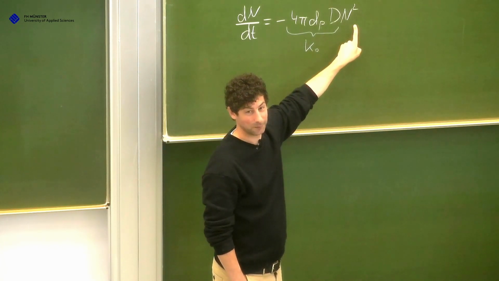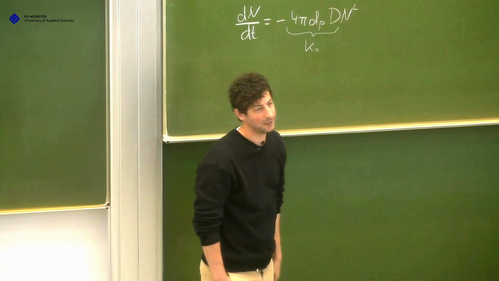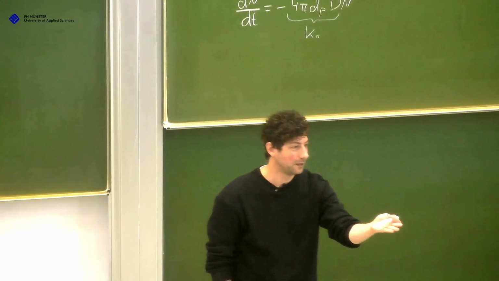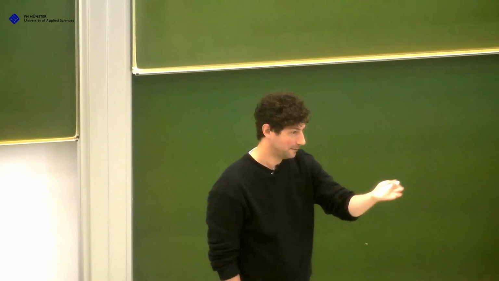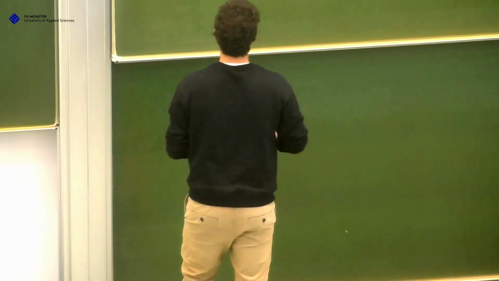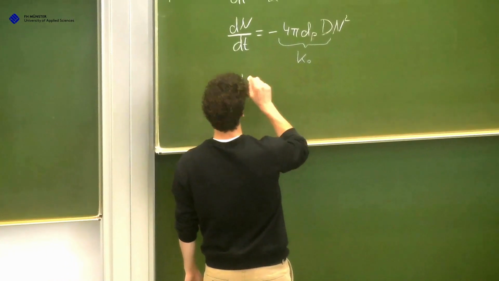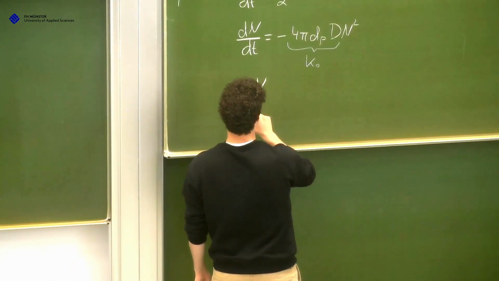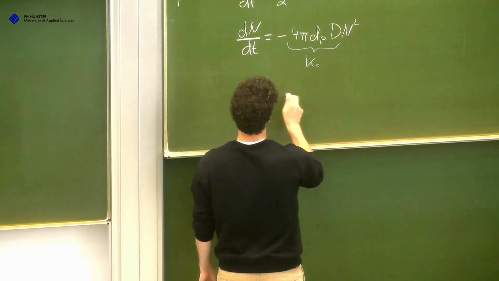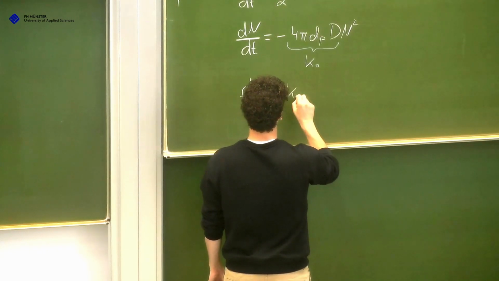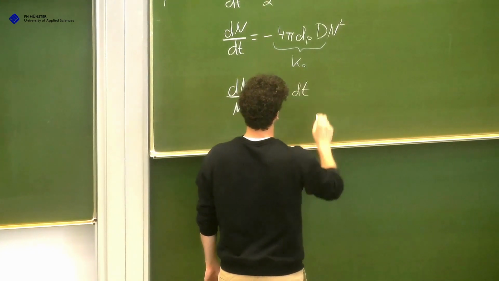Yeah? What kind of equation is it? Yeah. We can separate the variables. So we have dn over n squared equals minus k0 dt.